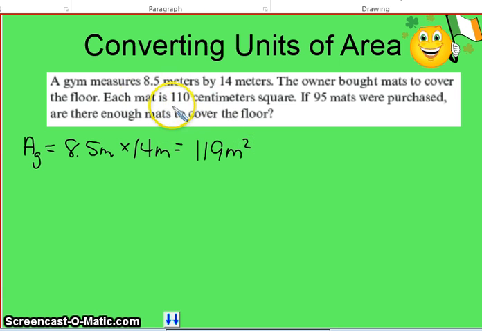Alright, now each mat is going to be 110 centimeters squared, and we have 95 of those. So we need to figure out the total area of all 95 mats. So the area of the mats, which I'm going to label A sub M, is 95, how many there are, times 110 centimeters squared, which is the area of each one.